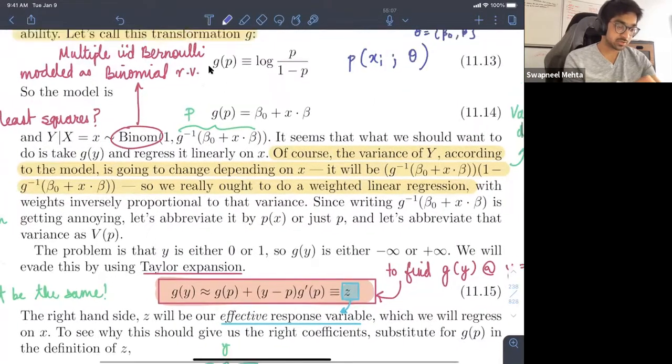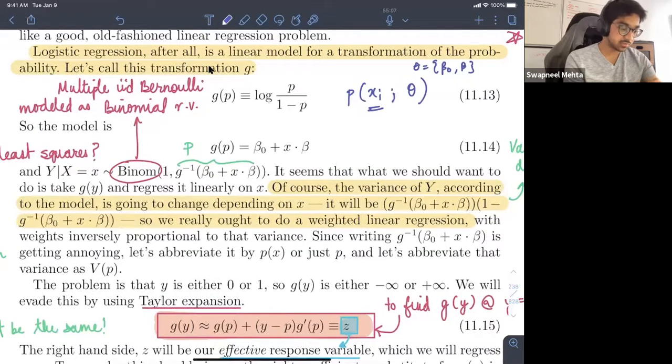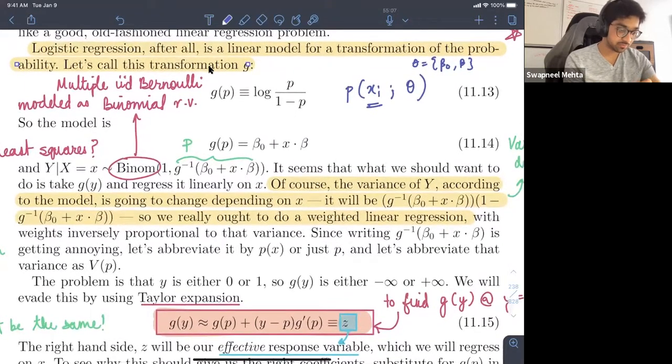But because this is a per x model, that means this variance. So if g of p is equal to beta naught plus x beta, then p is equal to g inverse of beta naught plus x beta, which means this variance can be different for each x, and in fact will, because if x varies then this function varies and this variance varies.